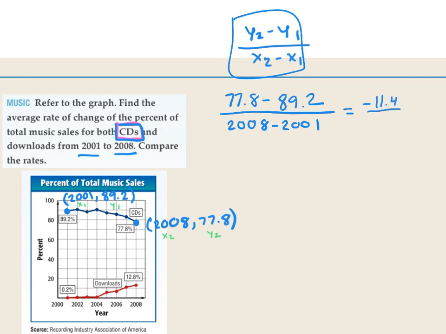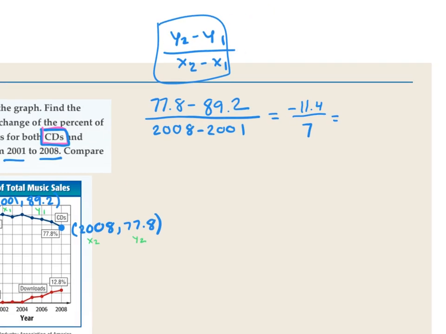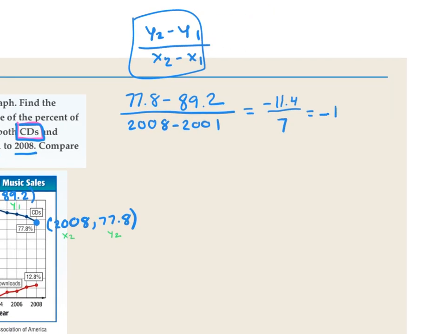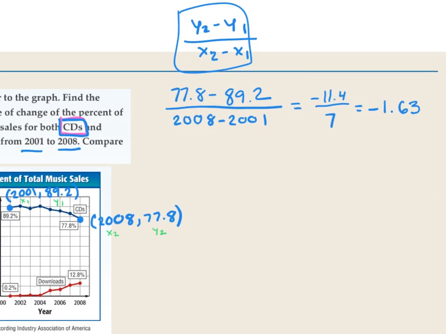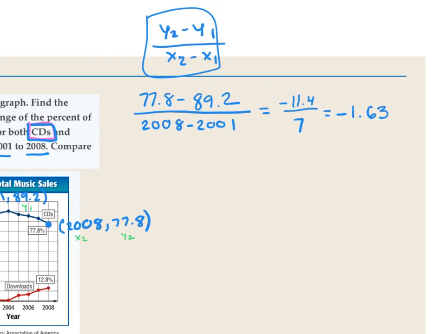And 2008 minus 2001 would be 7. So if we divide negative 11.4 by 7, we get negative 1.628. We could round it to 1.63. So this is our rate of change for CDs.